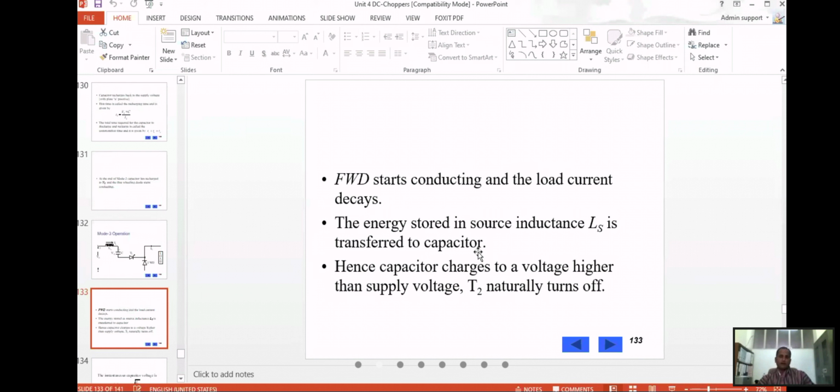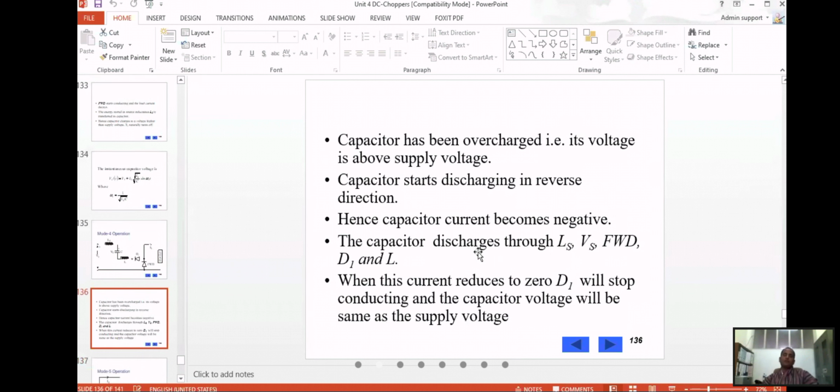In mode 4 operation, D2 and the freewheeling diode function, and the capacitor has been overcharged.